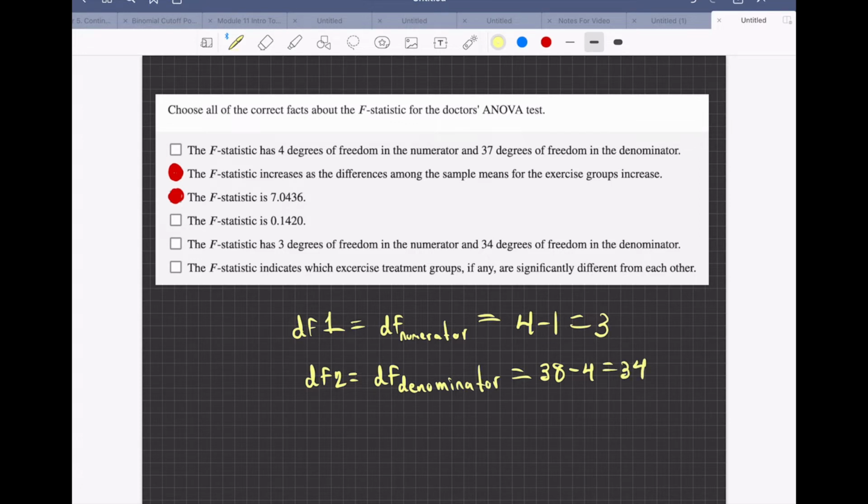You see? So in this case, the answer is going to be this one: 3 degrees of freedom in the numerator, 34 in the denominator.